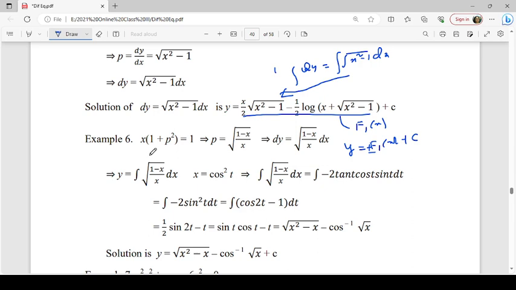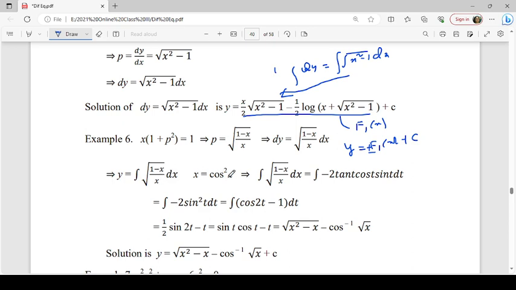Next is the same procedure. So p is root over this, and p is dy/dx. So dy equals this dx coefficient, root over (1 - x) dx. Then the solution is the integration of dy, which is y, and the integration of this one, and for this we need some substitution.